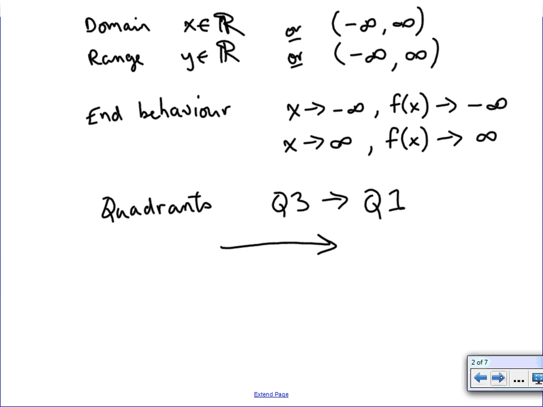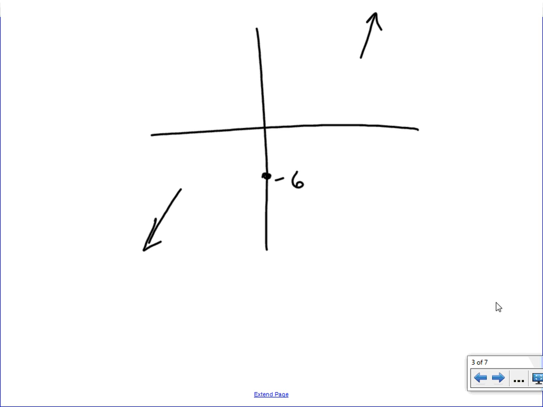So, all this basic information gives us a pretty good idea that our graph should look like this. I've got a point here at -6, and I've got the end behavior over here. That's how we continue, and that's how we go with this.